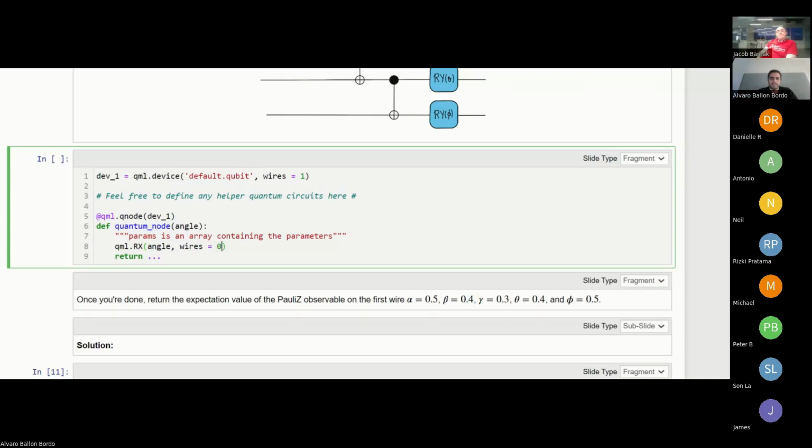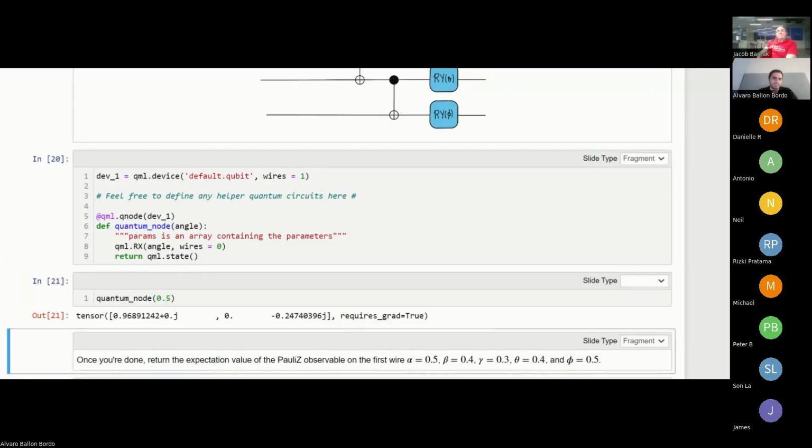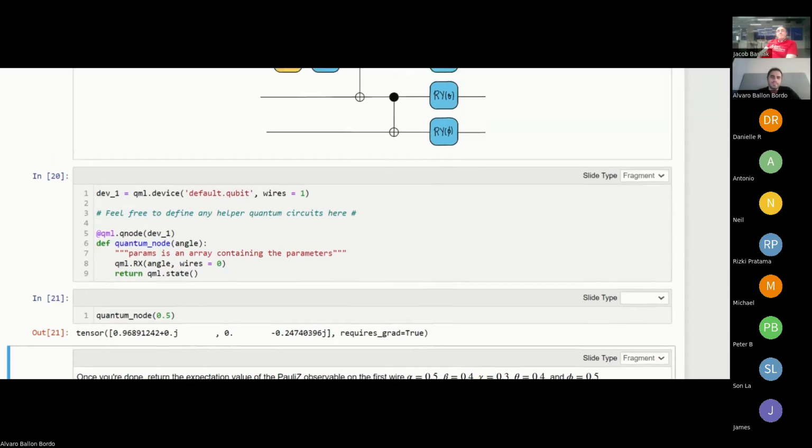It's going to act on wire 0, and then I'll return QML state. And here you go. If I run this with an angle, I don't know, 0.5 or something, then I will get something that is not 1 over square root of 2, 1 over square root of 2. It's something different, right? So this allows me to play more because I have a parameter to play with in the gates. So it will be able to return different things.